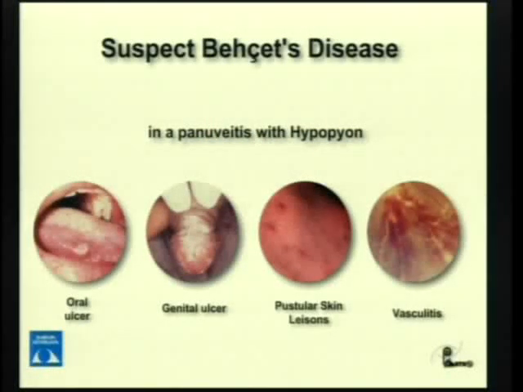So in case of panuveitis with predominant vasculitis, one should suspect Behçet disease also. Suspect Behçet disease if you have the following features: oral ulcer, genital ulcer, pustular skin lesion, and vasculitis. Remember, the same kind of pustular skin lesion can be seen in patients on prolonged oral steroid therapy also.